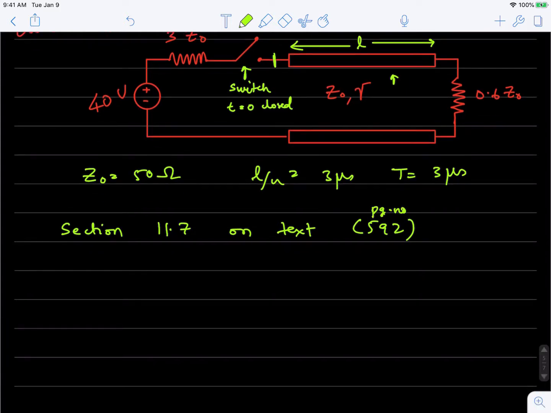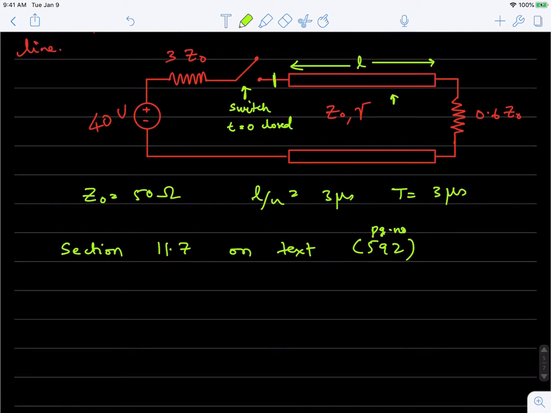Now, what happens is once you apply a voltage, even if it's a DC voltage, once you close the switch, all that the voltage sees is the internal resistance of the source and the impedance of the transmission line. The load is not visible to the input DC source.